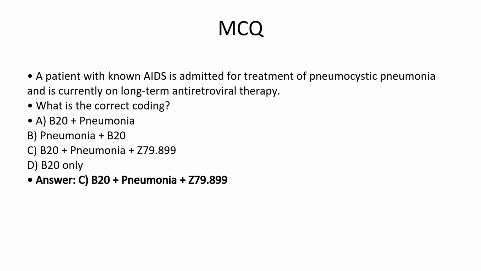In this case, the patient has AIDS and is being treated for pneumocystic pneumonia, which is an HIV-related condition. So we assign B20 first, followed by the pneumonia code. Since the patient is also on long-term antiretroviral therapy, we must add Z79.899. So the correct answer is C, B20, pneumonia and Z79.899.